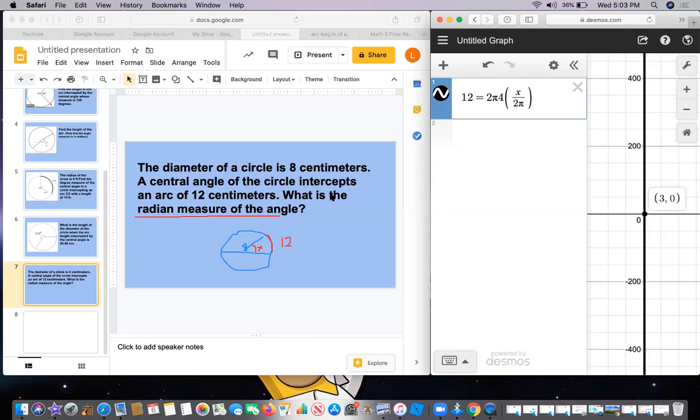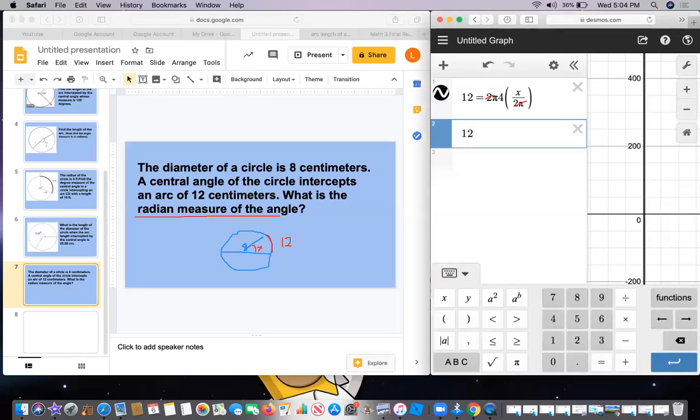You notice that whenever you are given the arc length as well as the radius, you can just easily divide. Although you have already the answer, let me just explain. You can cancel out 2 pi and 2 pi here. What remains is 12 equals 4x.